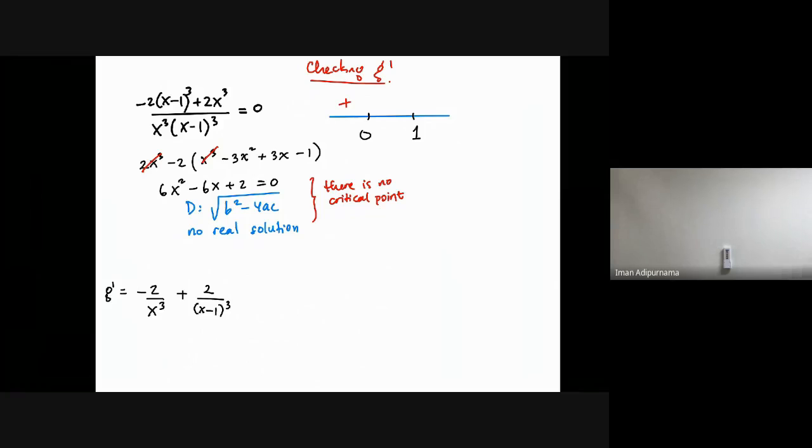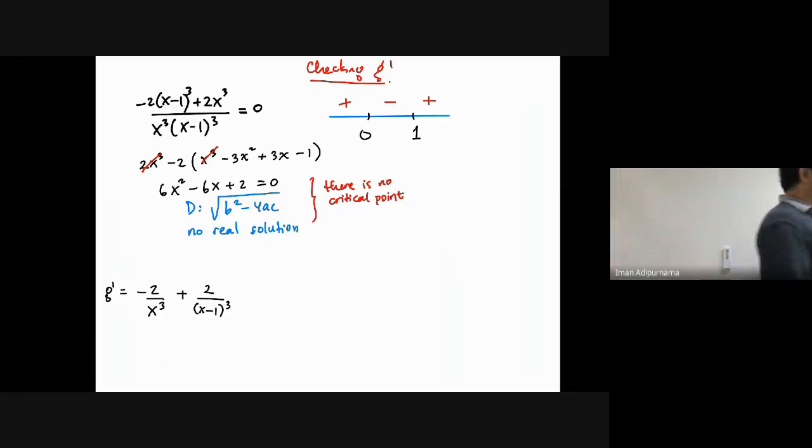It's positive, right? Is it correct? Positive. And between 0 and 1, you can check half, 2/3, 1/3, any number that you can easily compute. Okay, it will be negative and it will be positive.